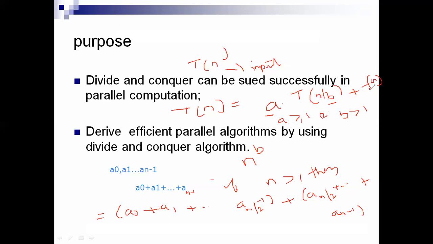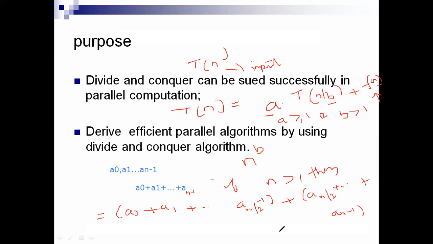Here f of n is a function that accounts for the time spent on dividing the problem into smaller ones, and after dividing, combining their solutions. So this type of recurrence is called a divide and conquer recurrence.